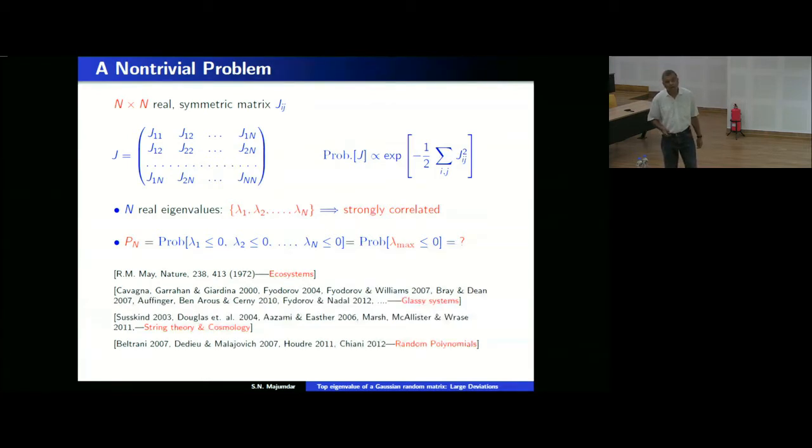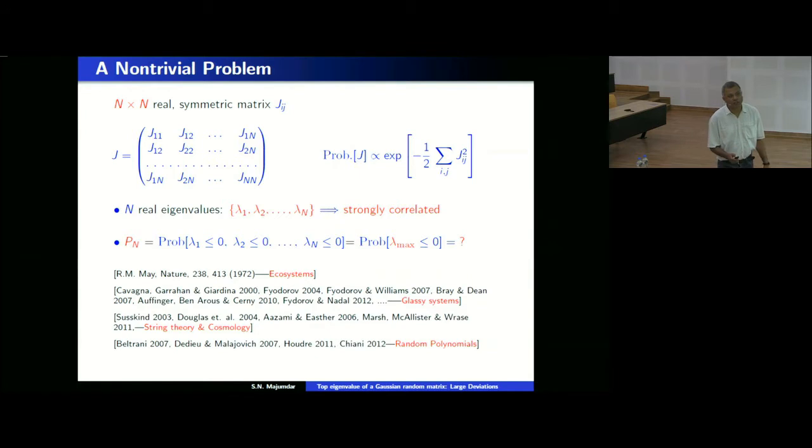And then many other people. Then in string theory and cosmology, exactly the same question appeared. And then in mathematics, in random polynomials and so on, I'll not go into the details. But essentially this basic question appeared in different contexts, in different fields.